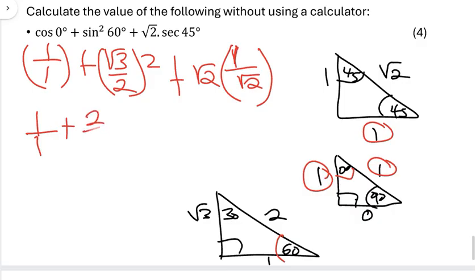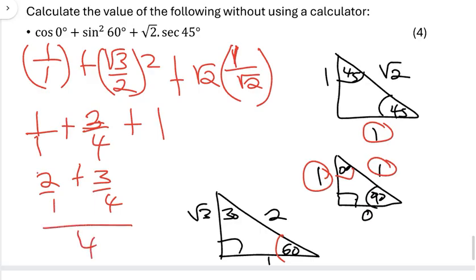Then I'm going to end up with 1 over 1 plus 2 plus 3 over 4 plus 1, which simply means that I have 2 plus 3 over 4, which means that this is over 1, I have 4 in the denominator, 4 times 2, this multiplies that, I have 8 plus 3, which gives me 11 over 4.